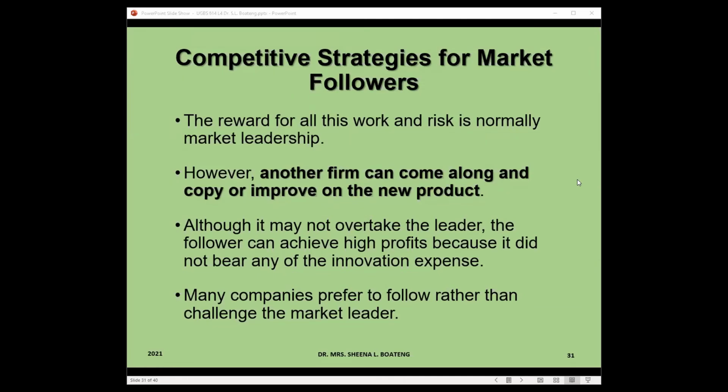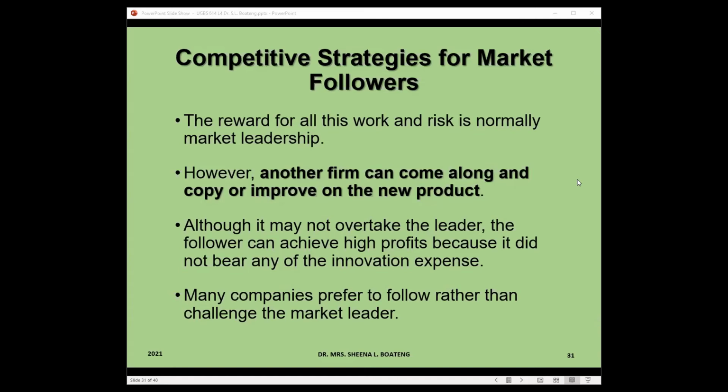So generally, they will just copy, add a few enhancements and put it out there and earn a good amount of profit. And generally, being followers, their aim is not to become market leaders or to be challengers. They just want to maintain their market share and earn enough to cover their expenses and get their little profit.